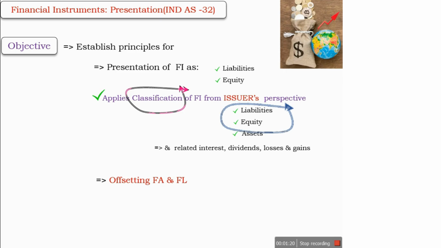In that case, the payout on that instrument will be booked as a P&L item instead of a distribution of the profit. So it may have an impact on the financial performance of an entity, and apart from the performance, it will have an impact on the key performance indicators of that entity, maybe debt equity ratio or earnings per share, etc.